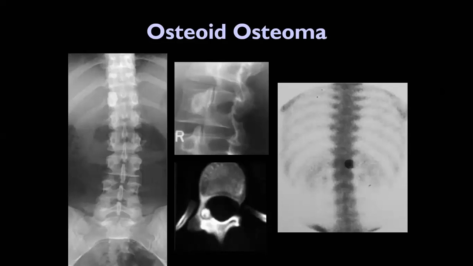So what is the history of this patient? Is he young or old? And what is the history, especially when it comes in the spine? What could be the history of osteoid osteoma?